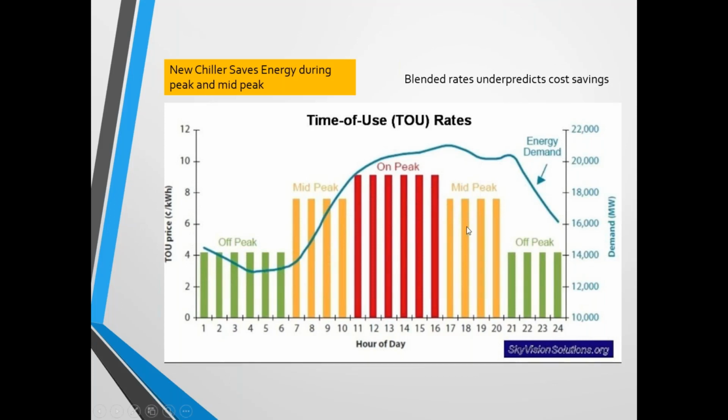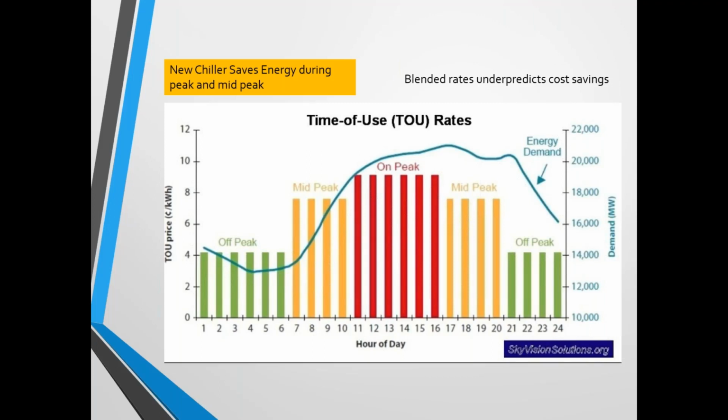Okay, if you use blended rates, you're going to use the average of all this usage, and it might be somewhere like 7 cents or 7.5 cents. But most of your savings was when the usage was 9 cents a kilowatt hour and 8 cents. If you're using blended rates when you're cutting demand, you're going to end up under predicting cost savings.